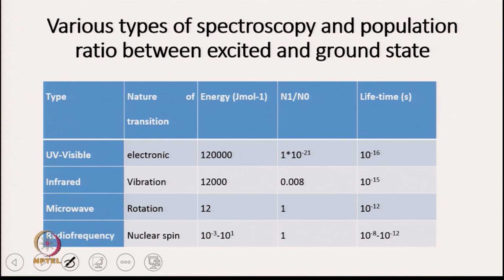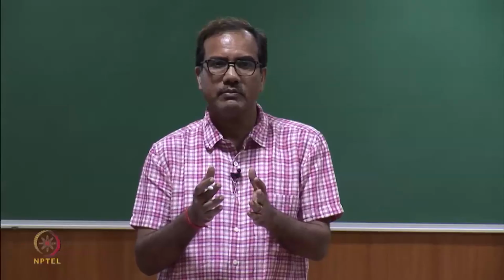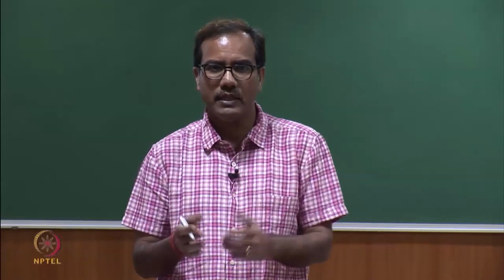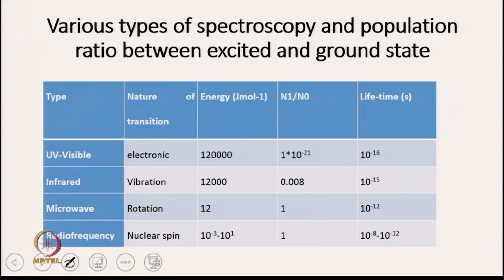So, just to summarize, various types of spectroscopy and the population ratio between excited and ground state are given, and lifetime is also given. Lifetime will tell you about your broadening, and N1 by N0, the ratio between excited and ground state, will tell you about intensity. So, these are the various spectroscopies: UV vis, IR, microwave and radio frequency.